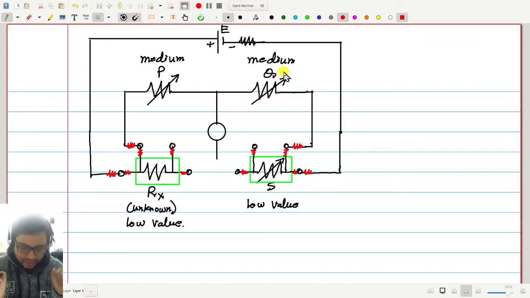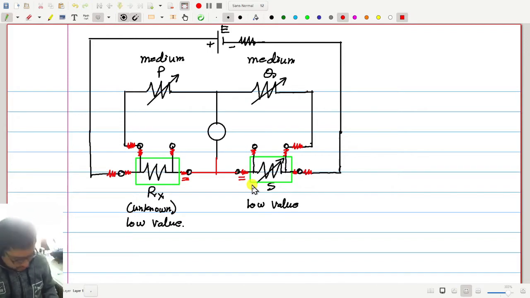But now I have to join this like this maybe. As soon as I do that, then this resistance, this one and this one, they are going to create problem. These two are the most problematic ones.